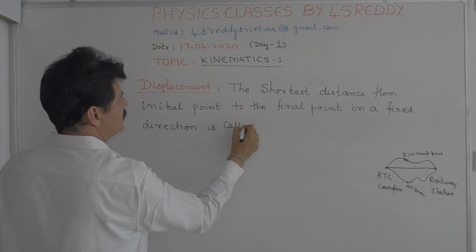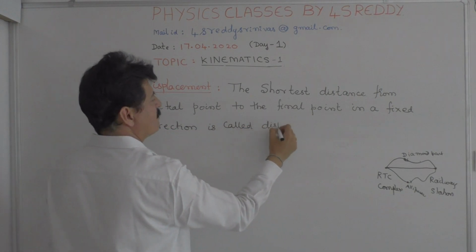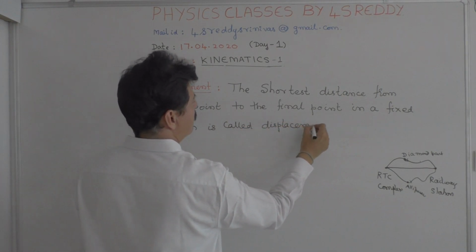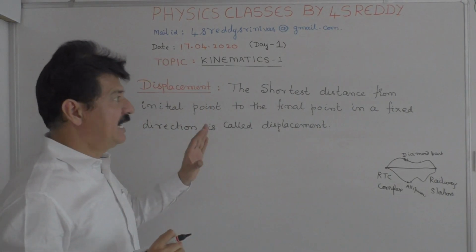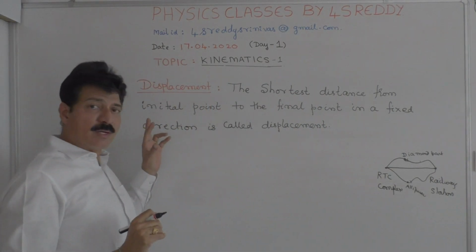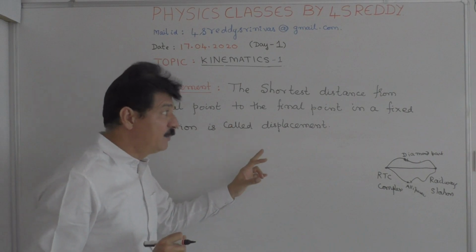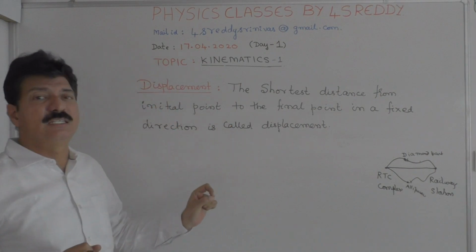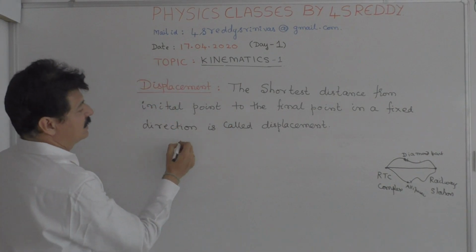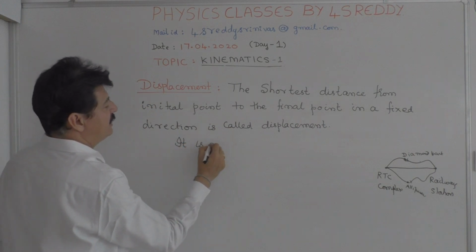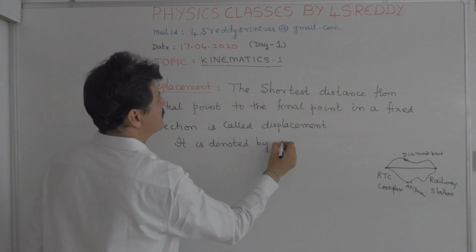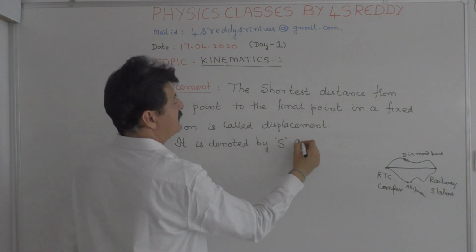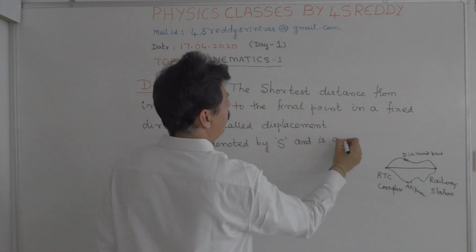The shortest distance from the initial point to the final point in a fixed direction is called displacement. It is denoted by capital S and is a vector quantity.